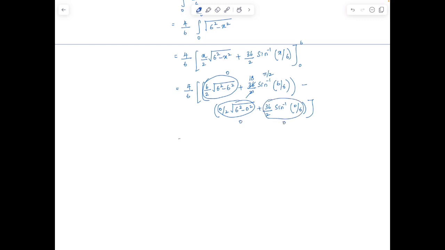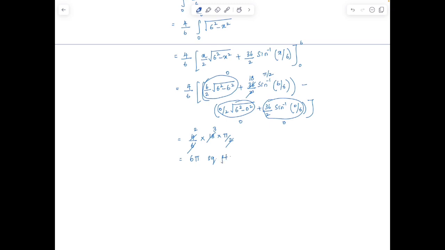So we get 4 by 6 into 18 times pi by 2, which gives us 6 pi square feet.